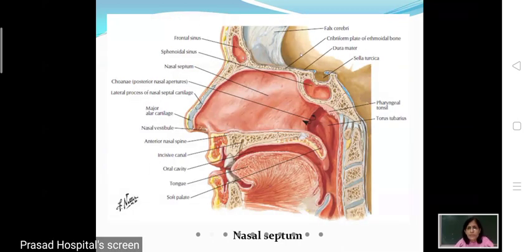As I told you, the bones and cartilages are covered by a mucous membrane. So in a living being, or in a projected specimen, the nasal septum will appear like this. We will not be able to identify the bones.